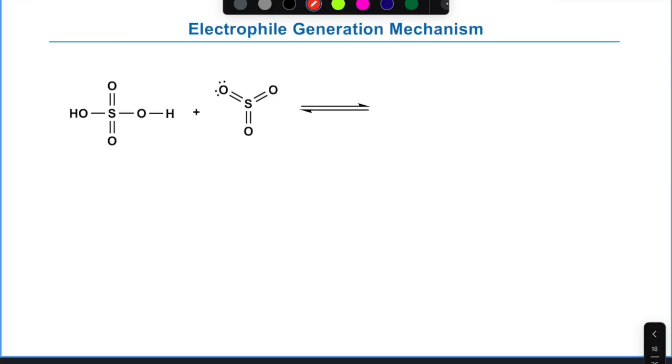So again, the general mechanism is we're going to be activating this. Pretty simple. We're going to be using these lone pairs to grab a hydrogen and make this species.